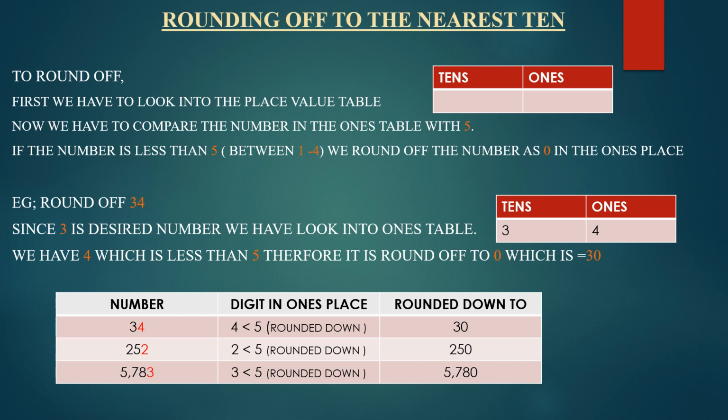Since we are going to round off to the nearest 10, the desired number is 8, and now we have to look into the ones place, it is 3 there. So 3 is less than 5, so it is rounded down, and therefore we will keep the number as it is. So we round downwards, therefore we get 5780.